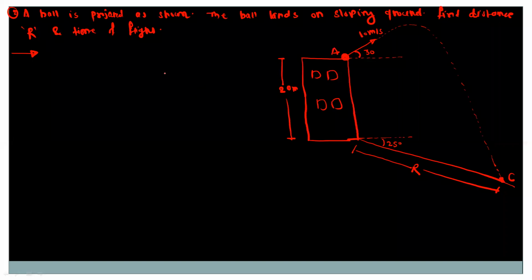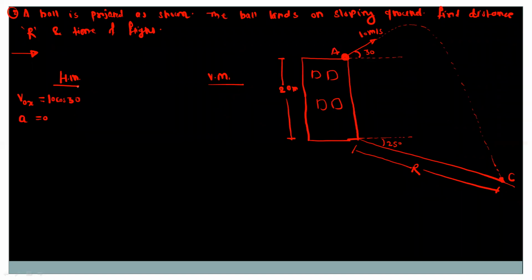So we can divide this motion into horizontal and vertical motion. So for the horizontal motion, we need the x component. So this is v naught x, that is equal to 10 cos 30. Then acceleration is 0.